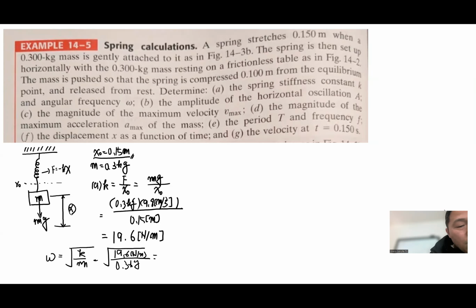That leads to 8.08 inverse second. Using those numbers, you can also estimate the amplitude of the original oscillation. So A is 0.1 meter.